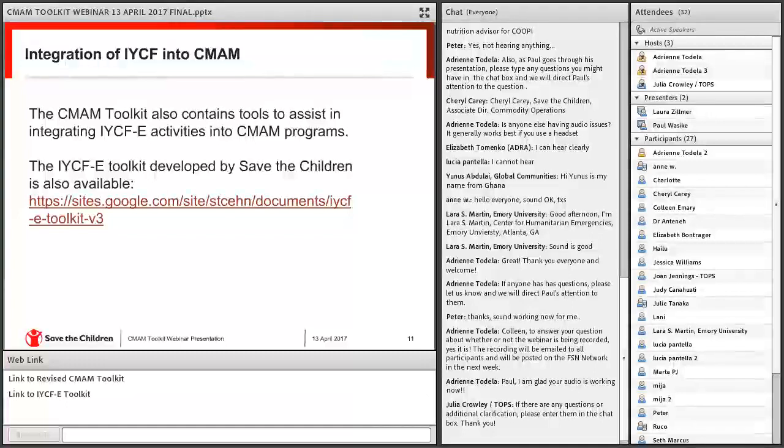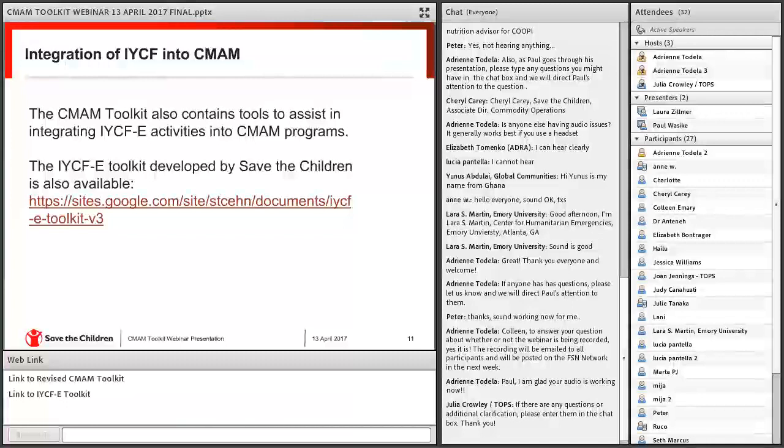So we'll sometimes just have very basic programming added to CMAM, and even in presenting our proposals, people tend to deliberately leave out IYCF and IYCFE, because we are not quite sure what aspects to add onto the CMAM proposals we are designing.